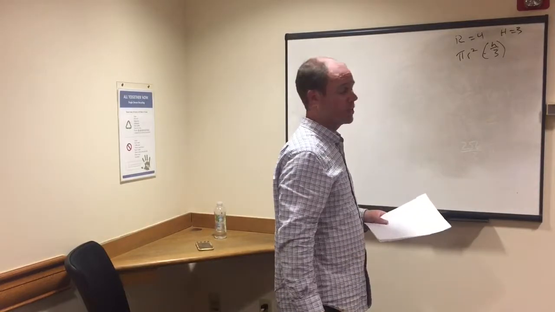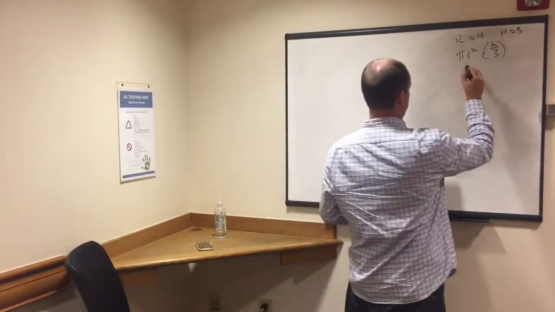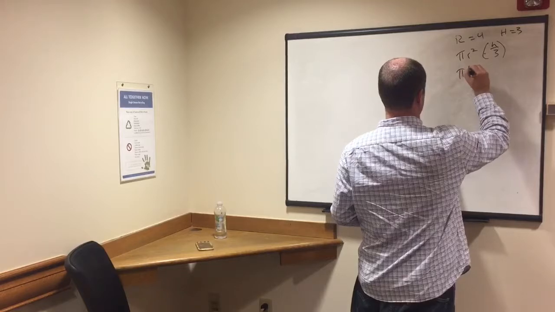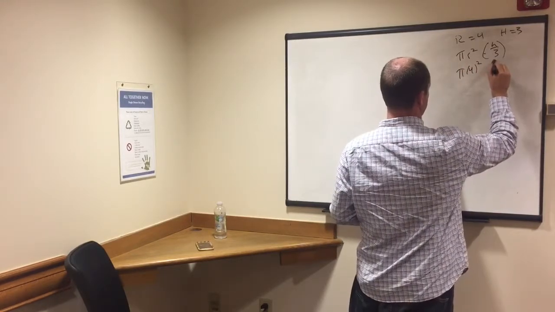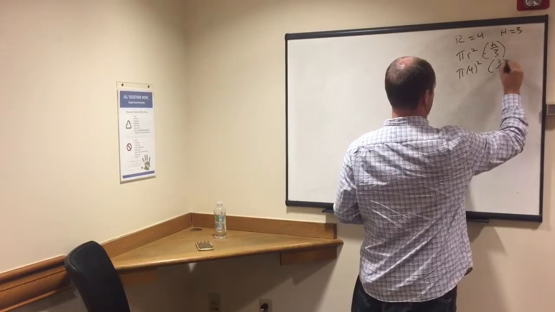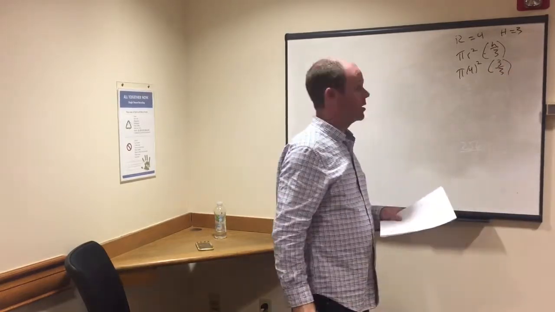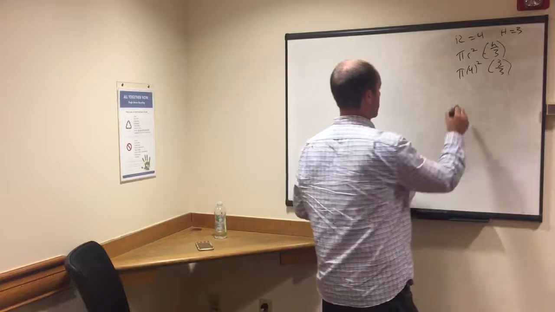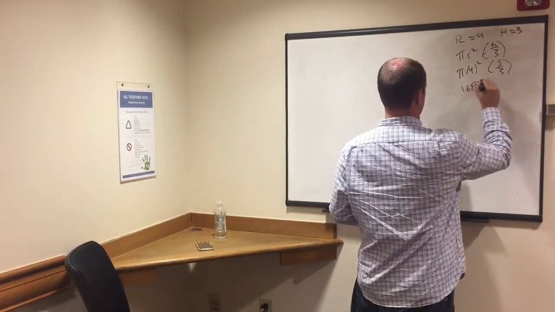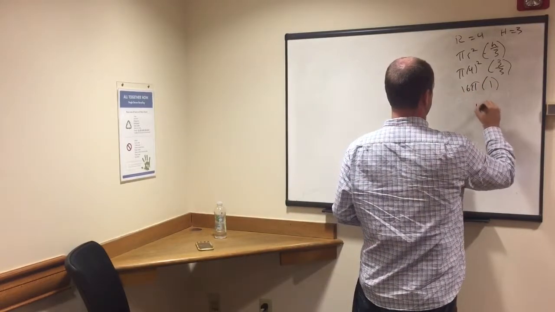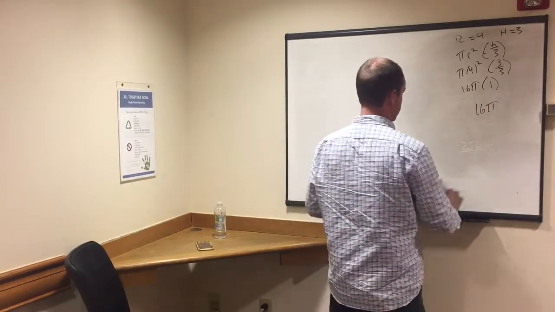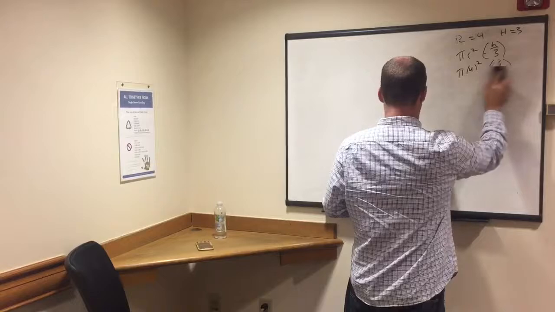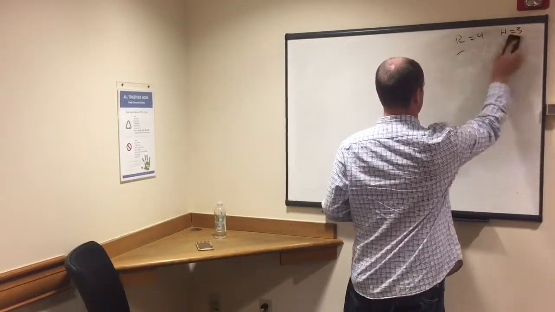Okay, and then we're just plugging this in. 4 here, so we got pi times 4 squared. We said height was 3, so times 3 over 3, so that's going to be 1, right? And 4 squared is 16, so now we have 16 pi times 1. We'll end up with 16 pi for this one. So that was volume of a cone.